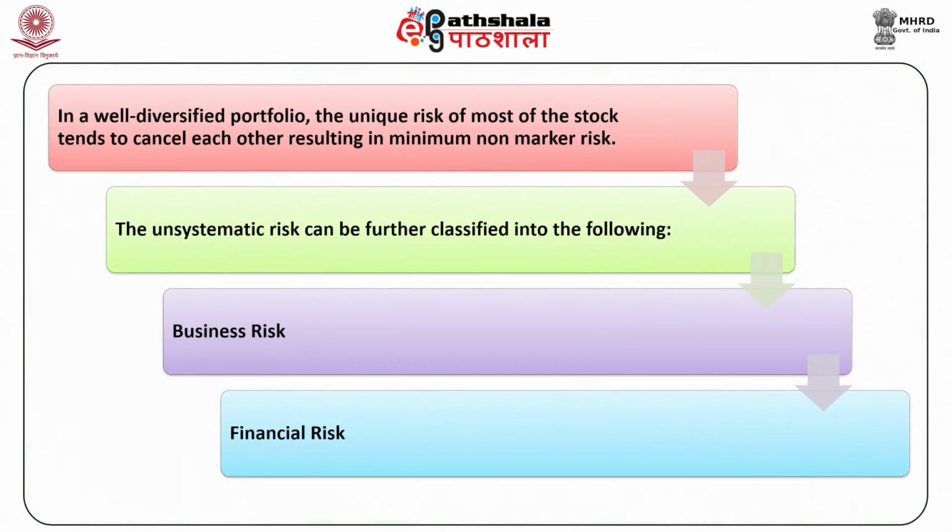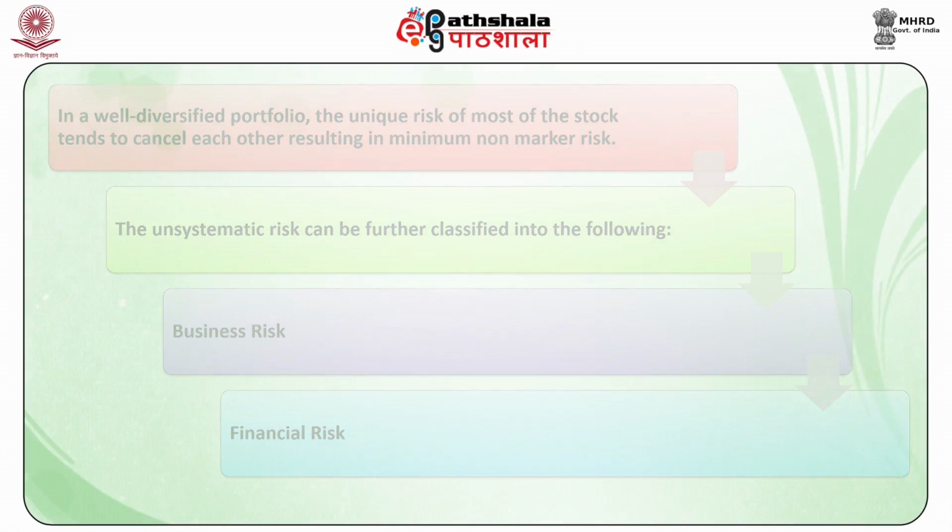In a well-diversified portfolio, the unique risk of most of the stocks tends to cancel each other, resulting in minimum non-market risk. The unsystematic risk can be classified into the following: business risk and financial risk.